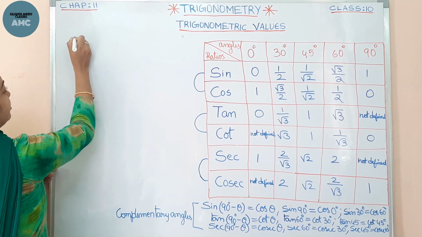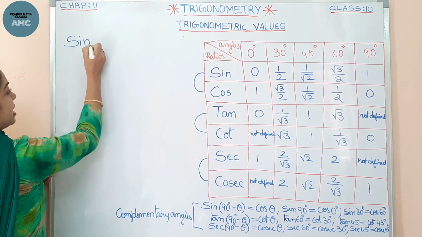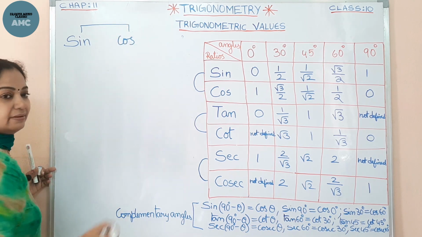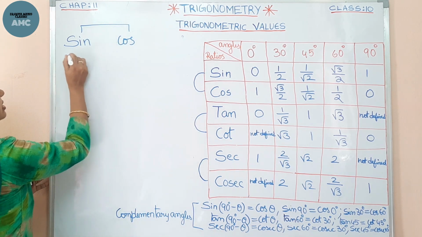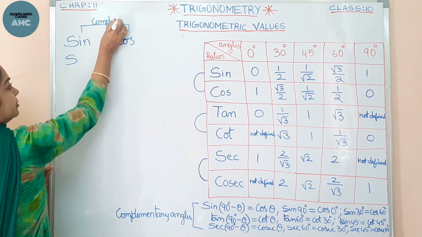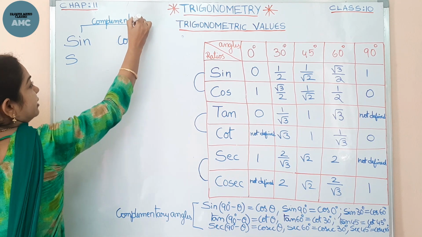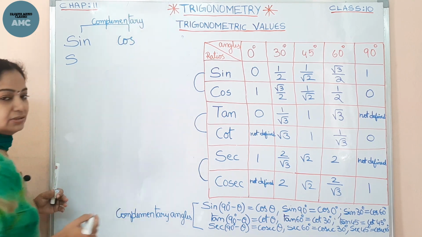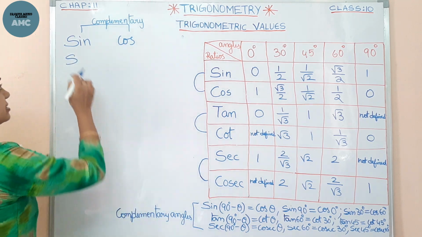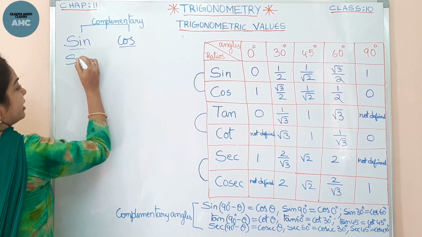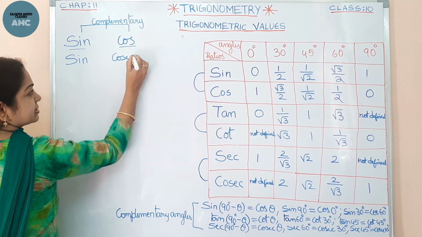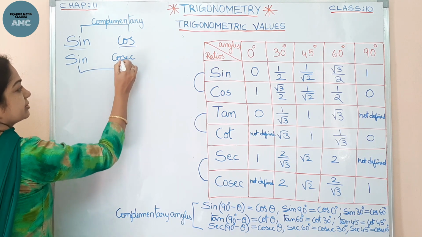Suppose I say sine and cos, they form a complementary pair, isn't it? When we compare and correlate, only then can we remember things. So I'm comparing and correlating so that you can remember it very easily. Sine and cos are a complementary pair, whereas sine and cosecant are what?